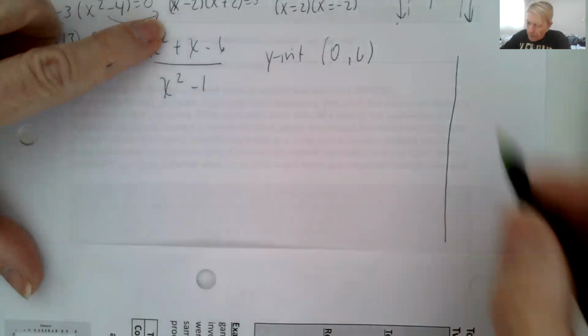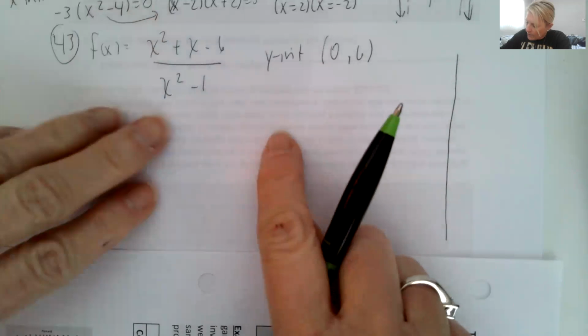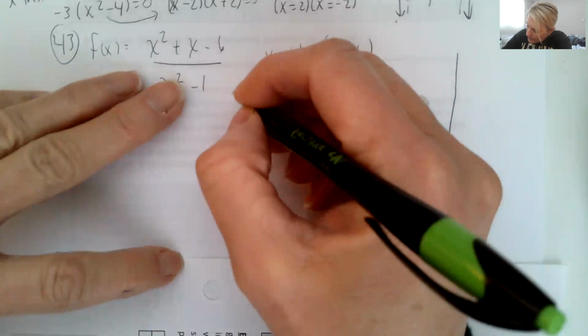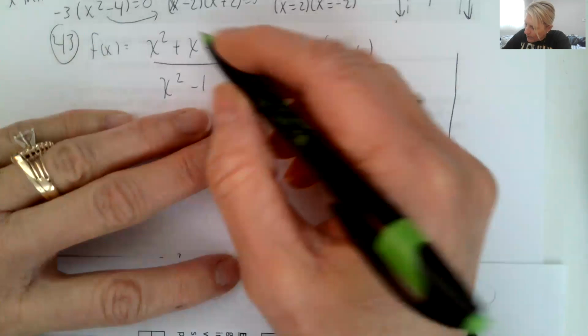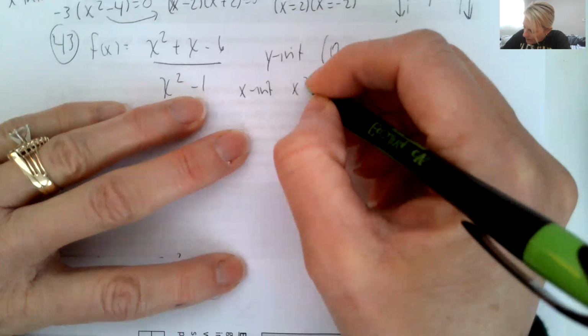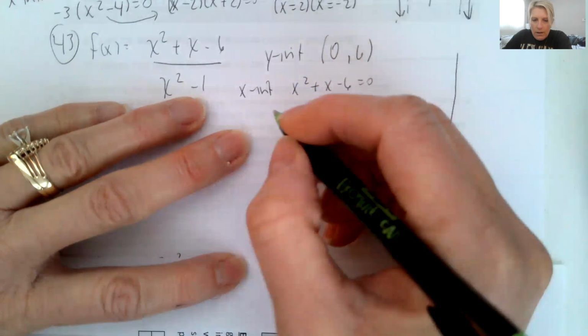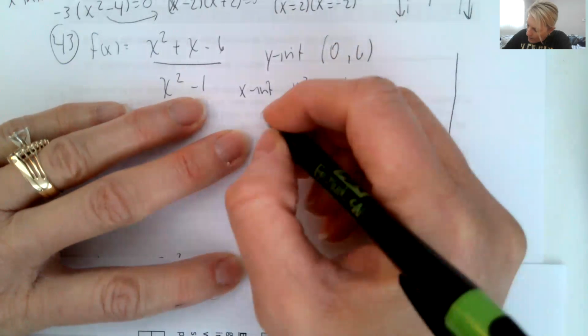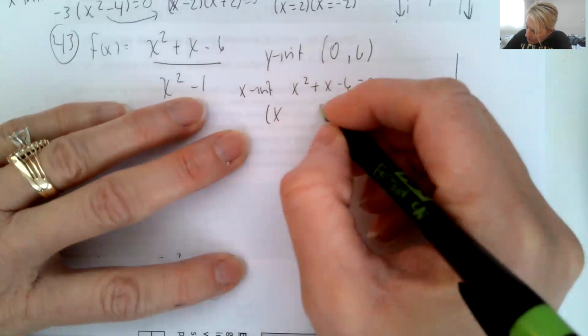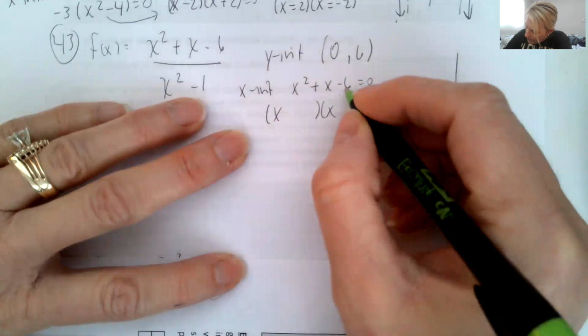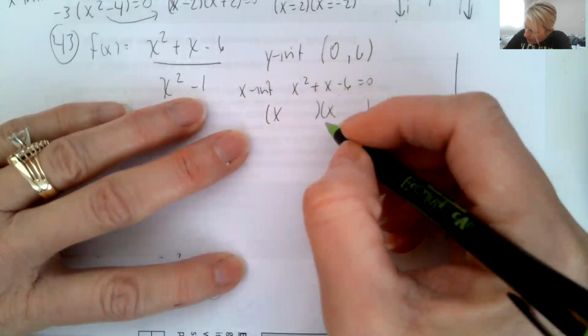And before I draw my graph totally, I'm also going to look at my x-intercepts. It's where my numerator is 0, x squared plus x minus 6. So it's a trinomial, so I'm going to try to factor it into numbers that multiply to negative 6 but add to 1.